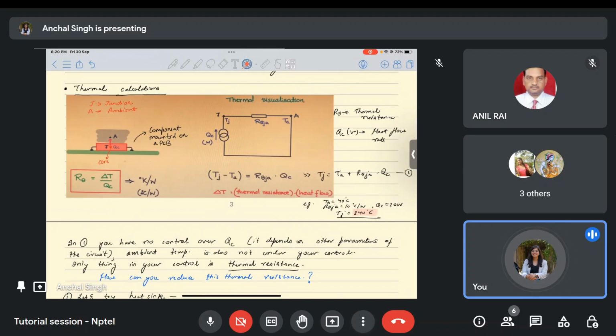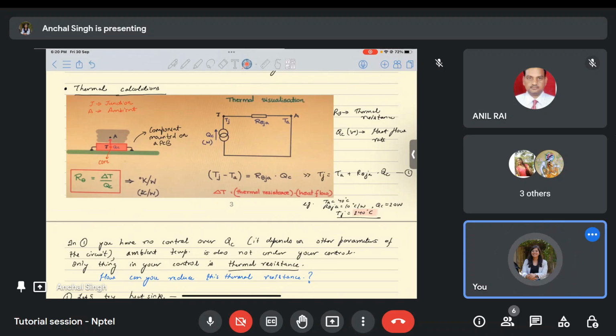Suppose I have this green PCB and I have a red component mounted on the PCB, some kind of integrated circuit, some IC that I am placing on the PCB. When my IC is operating at its junction, some amount of heat will be generated, and my purpose is to dissipate this heat to the ambient.